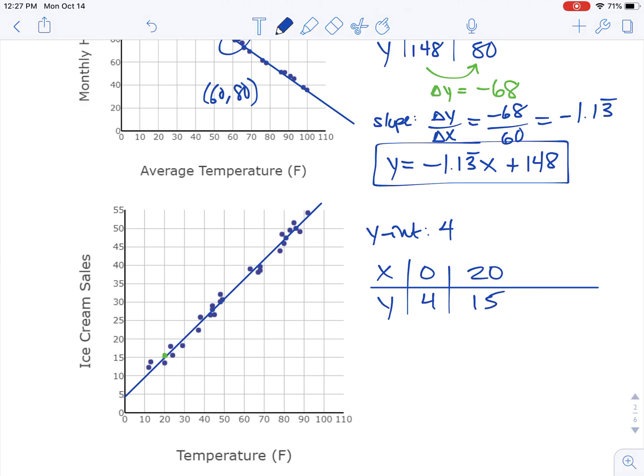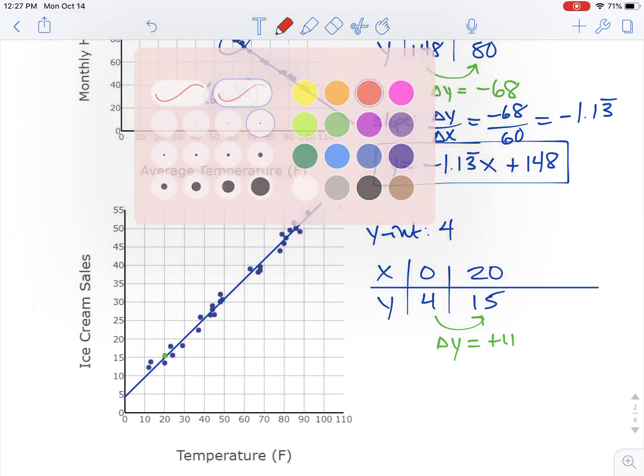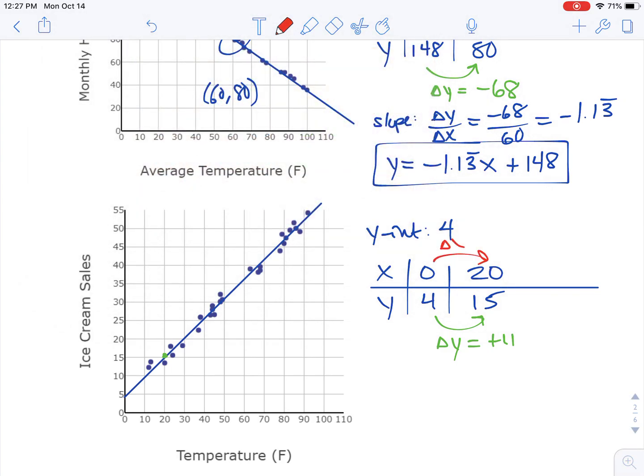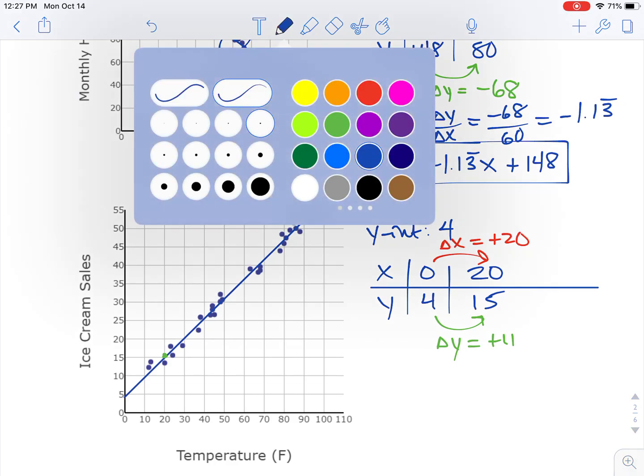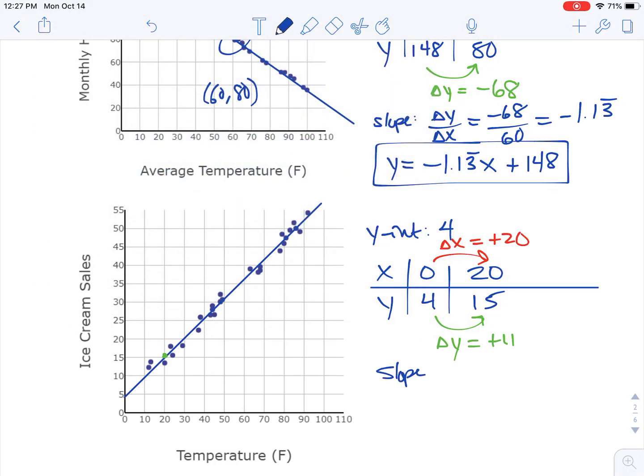So then we're going to do the same thing. We're going to find the change in y first. Change in y goes from 4 to 15, which is plus 11. Our change in x is from 0 to 20, which is plus 20. And then our slope is always the y change over the x change. So that's going to be 11 over 20, which we can leave just like that if we like. A fraction is totally fine.